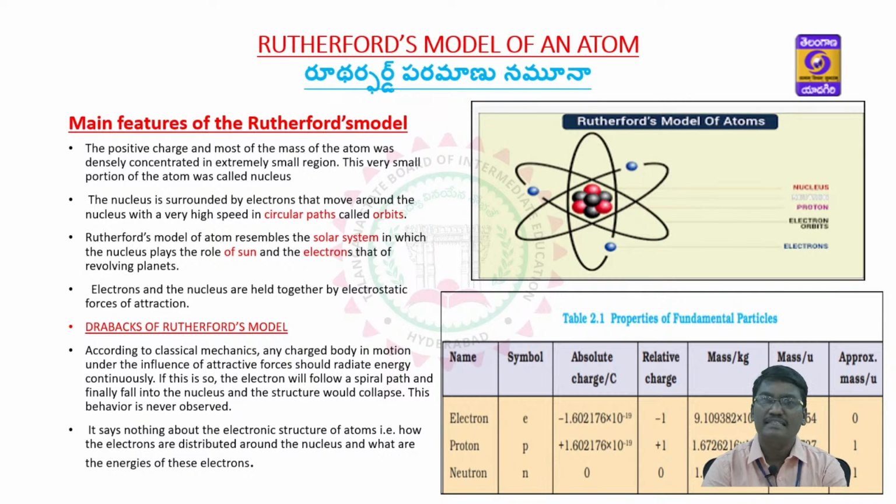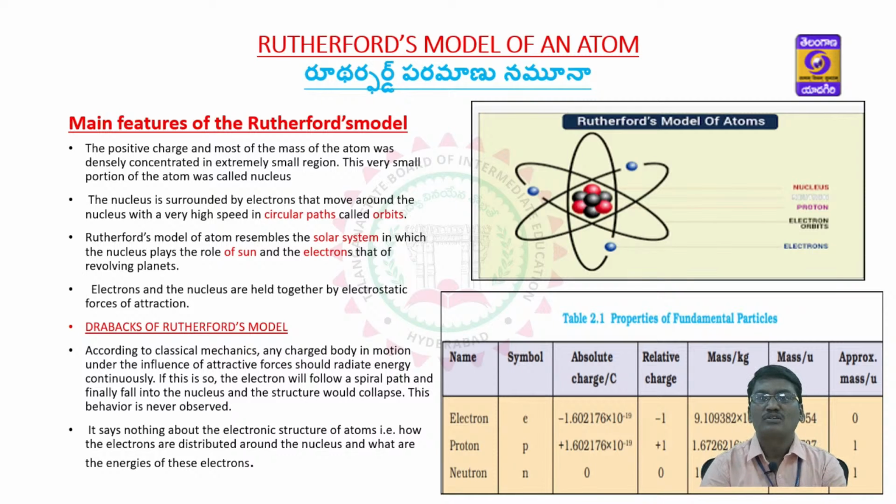If you observe, it is comparing with the solar system. At the center of the solar system is the sun. If we assume the sun as the nucleus, the planets are revolving around it in orbits. Like the same, electrons are revolving around the nucleus. So that's why the Rutherford model is also called the solar system model.